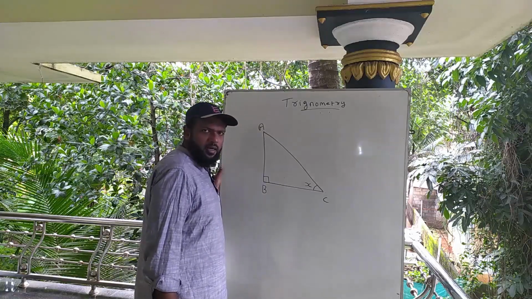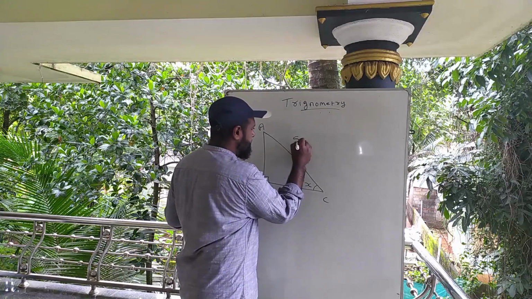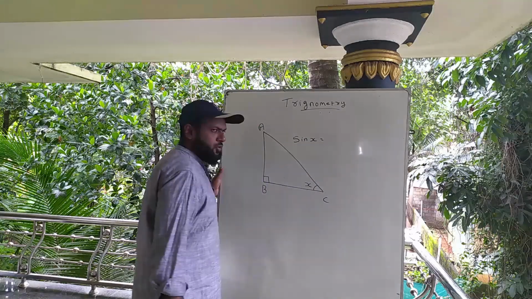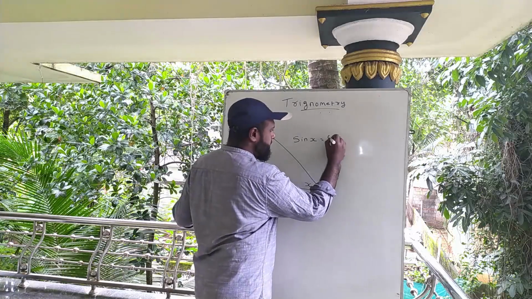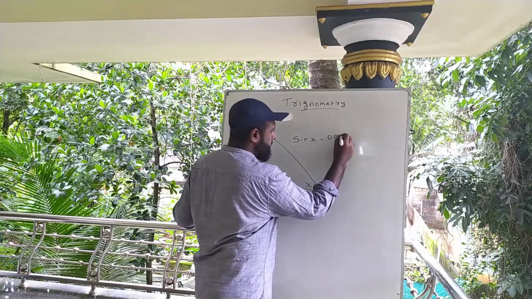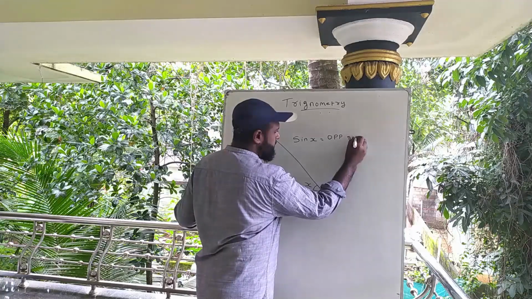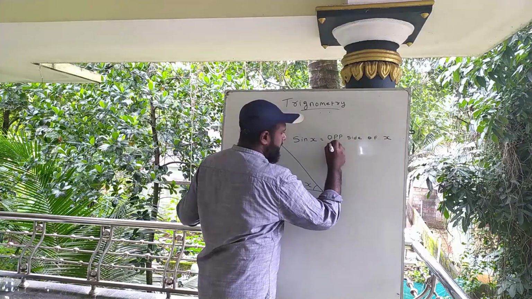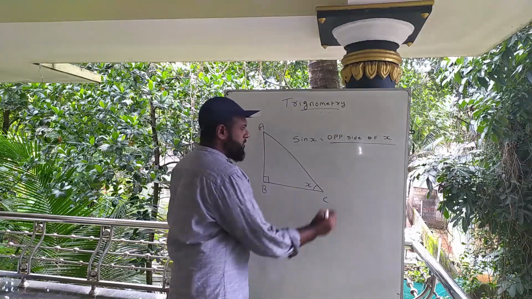First of all, we can learn what is sin X. Sin X equal to opposite side of X divided by hypotenuse.